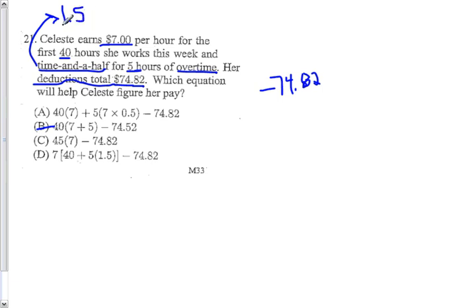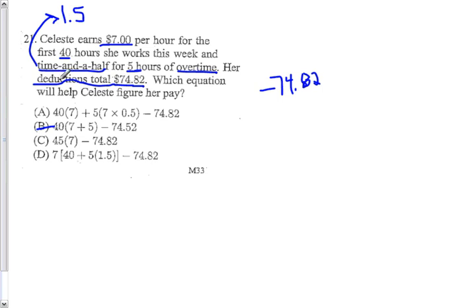It means you're going to earn time, which is 1, and a half, which is 0.5 of perhaps. You can do it by hours, or you can do it by what you make per hour. You're multiplying, so order really does not matter about which one you're multiplying. So we have got to have something in the answer here that has 1.5 in it. That represents our time and a half.